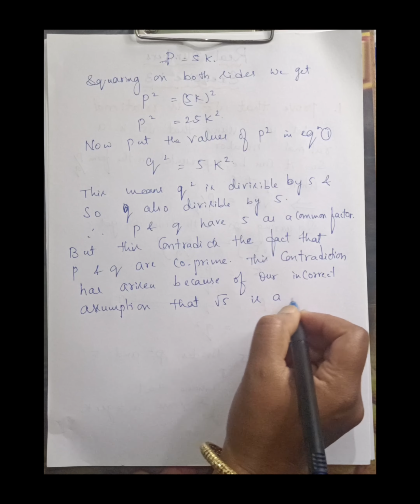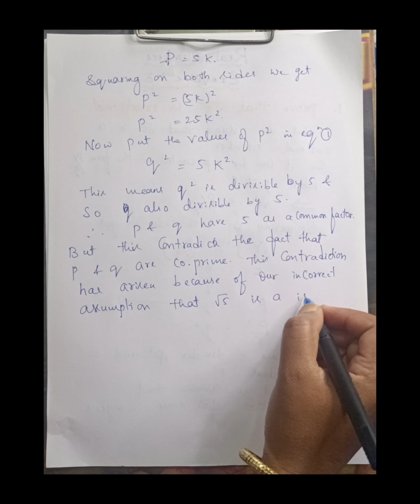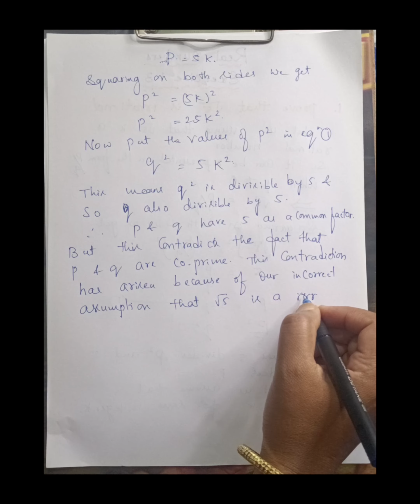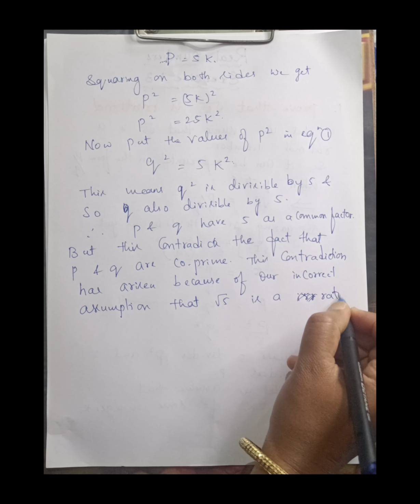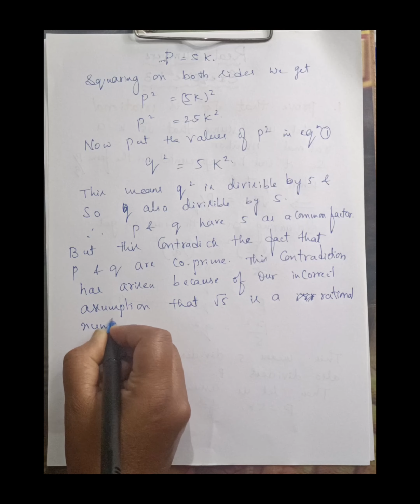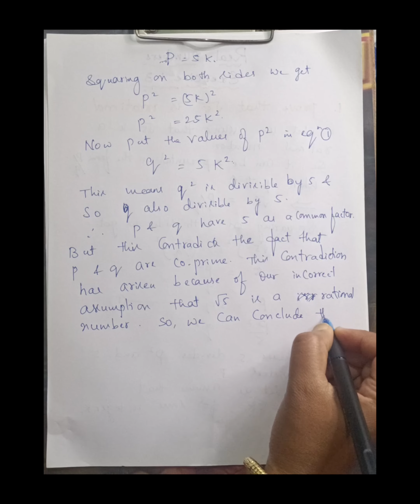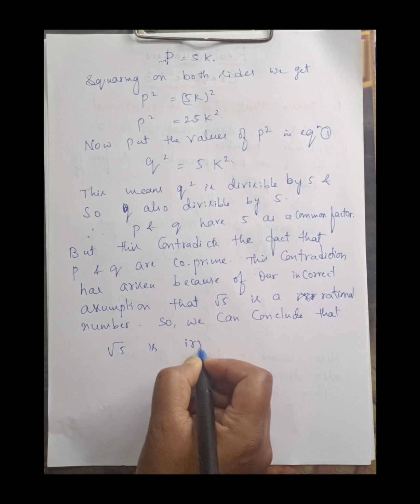Therefore, we can conclude that root 5 is irrational.